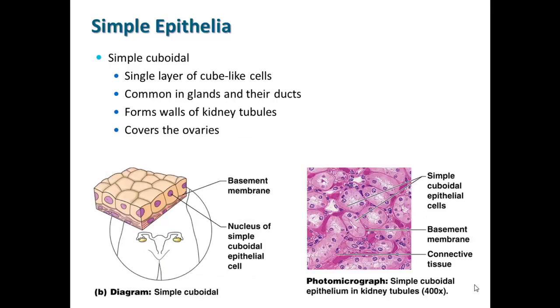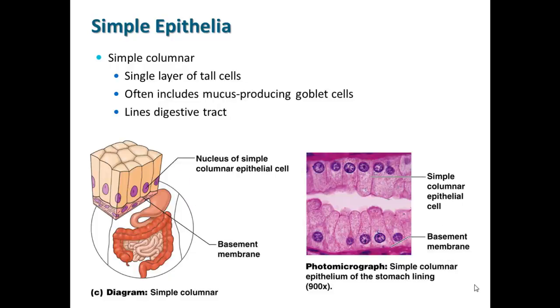Simple cuboidal is a single layer of cube-shaped cells, often found in glands and their ducts, for example, would be a place we find cuboidal epithelium. Simple columnar is a single layer of column-shaped or tall rectangular cells. Simple columnar epithelium lines our digestive tract.